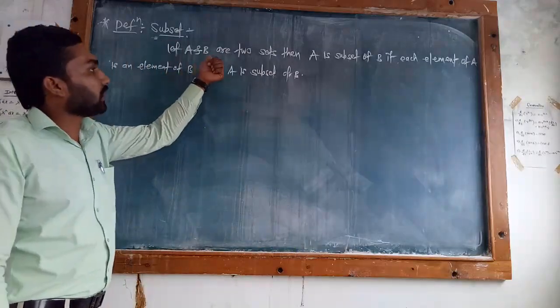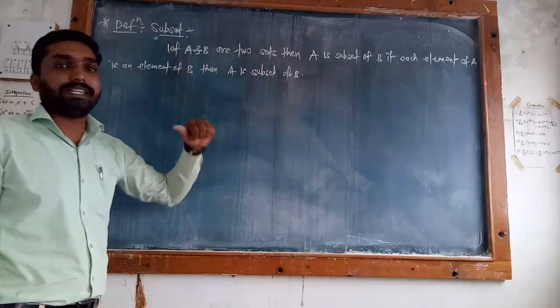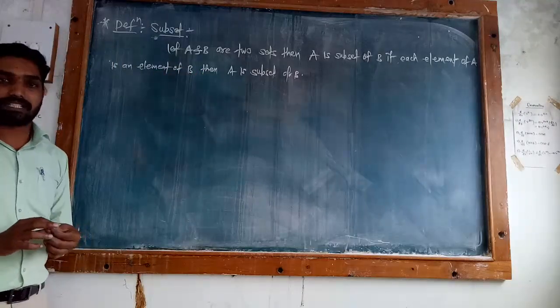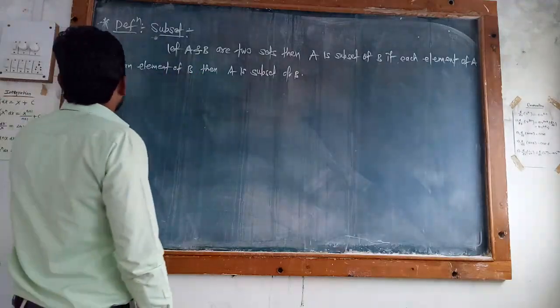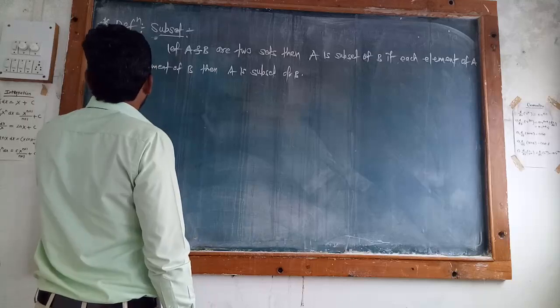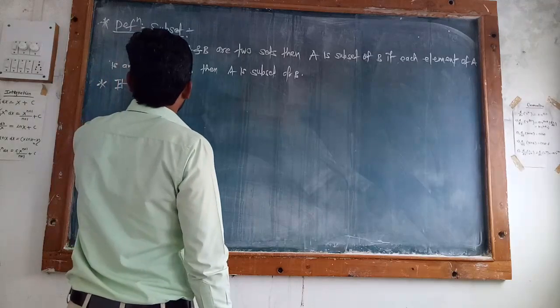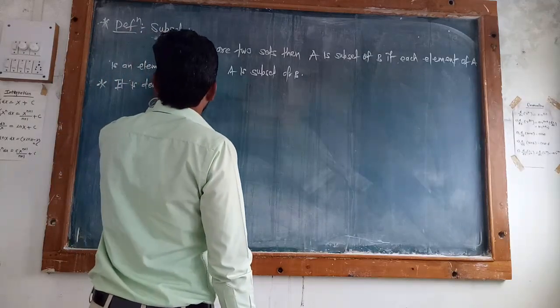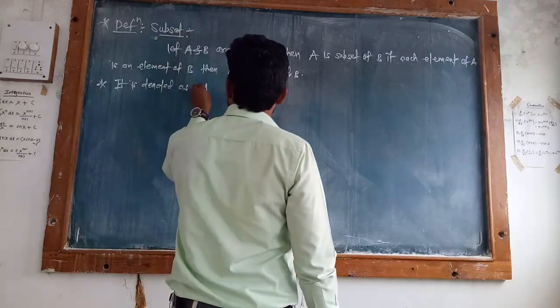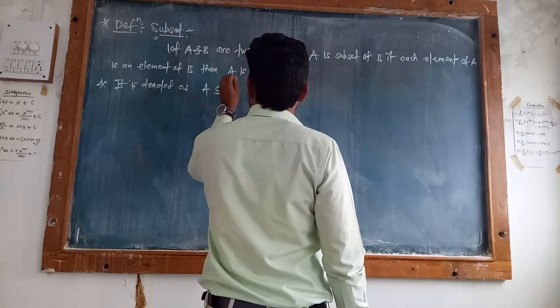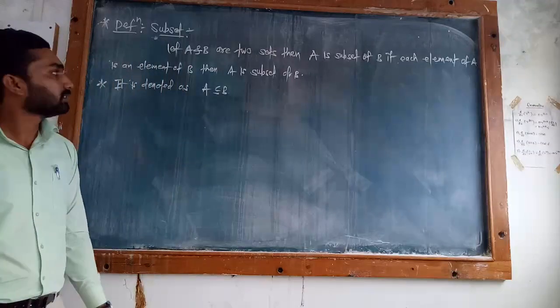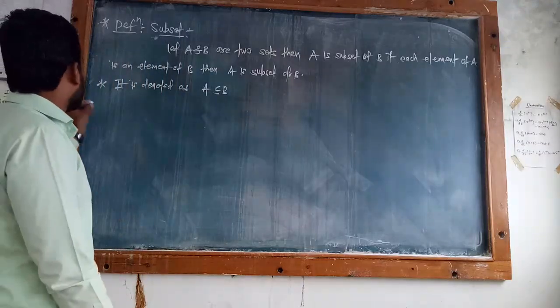If each element of A is an element of B, then we say that A is a subset of B. It is denoted as A is a subset of B. So let us start with an example.